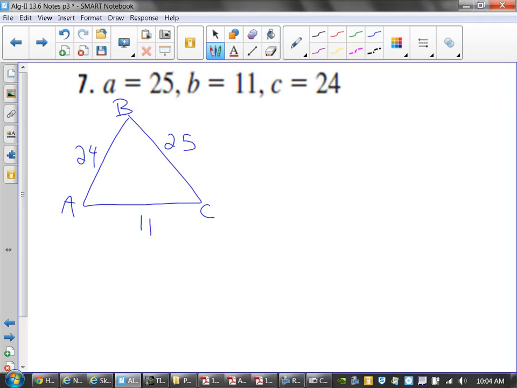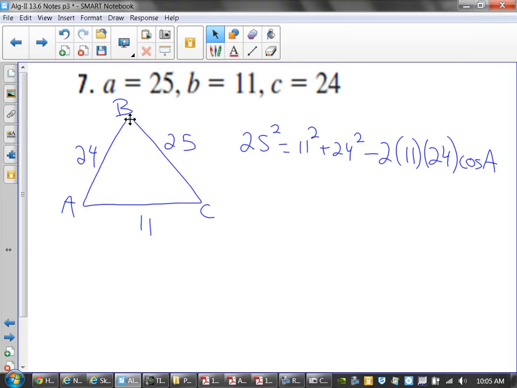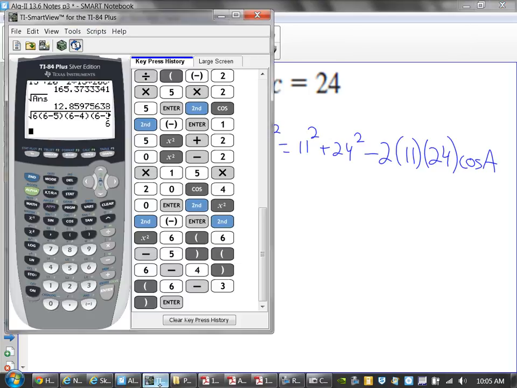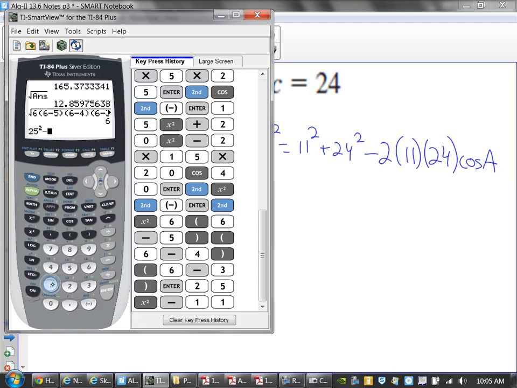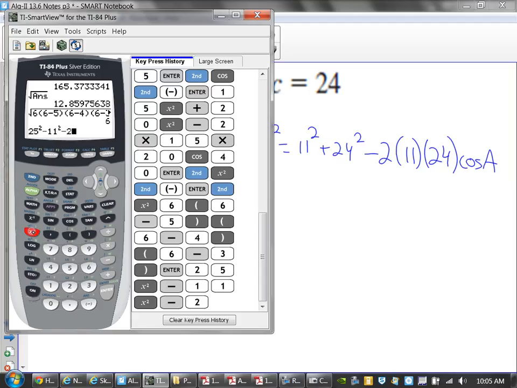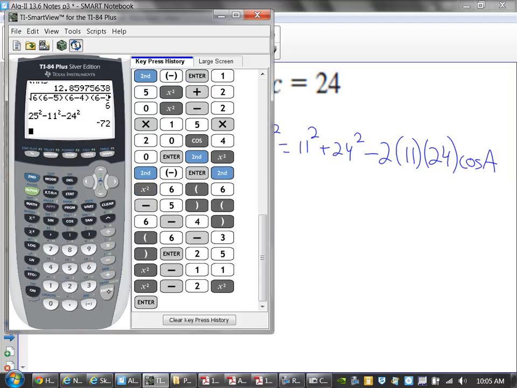What angle are you going to find first? Why? Because it's the biggest. Okay. 25 squared, 11 squared, 24 squared, 2 times 11 times 24, cosine A. Hit enter.